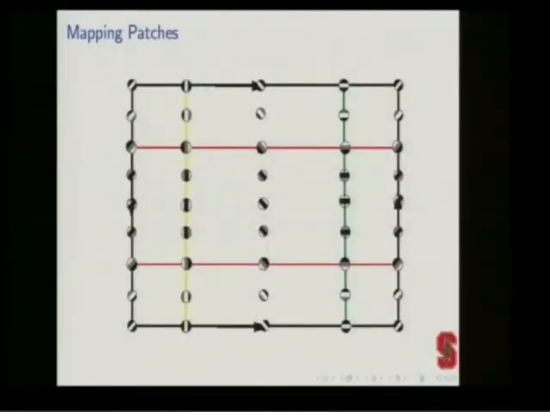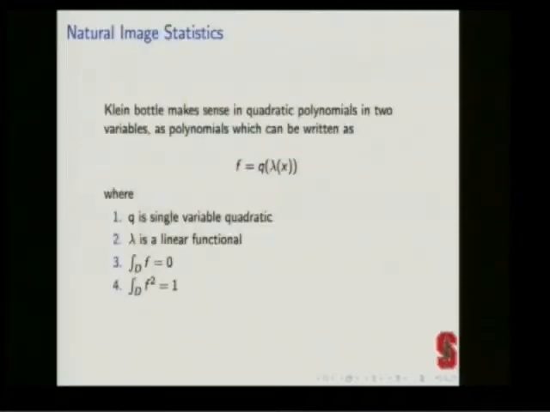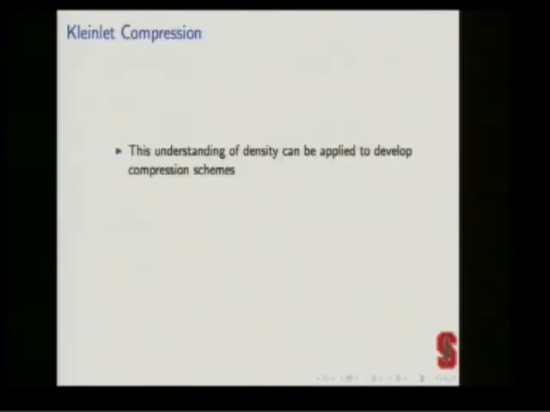OK, so here's what we had. We had built this parametrizing object, this geometric object, the Klein model, which parameterized these high variance, high density patches. And we had even built an explanatory Platonic model, if you like, for it. And so I want to talk about two different directions in which one could use this idea.